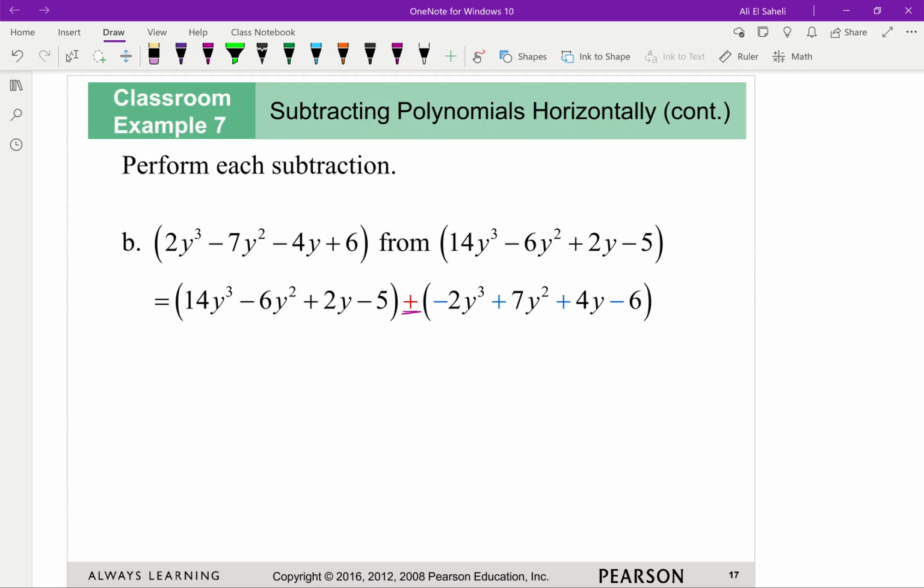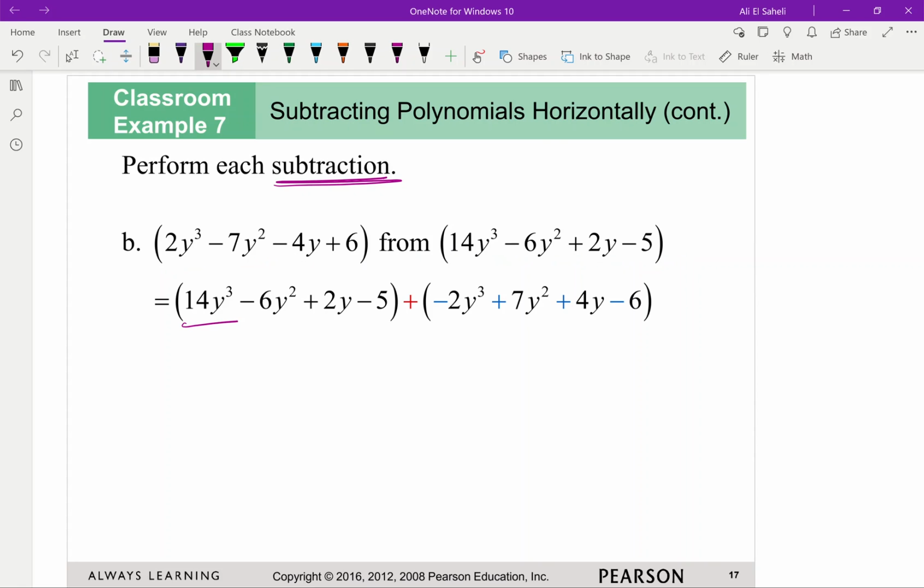Here we already have the multiplication by minus. It's very important. It's this minus this, because we have to subtract this from this.